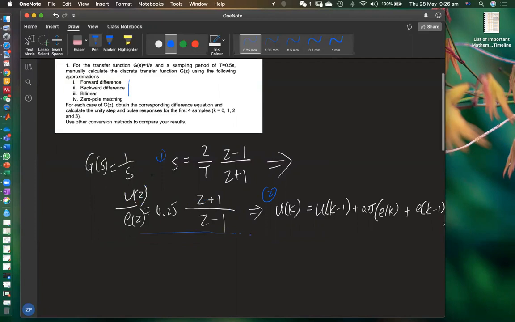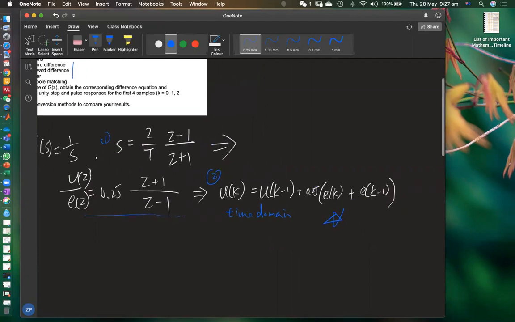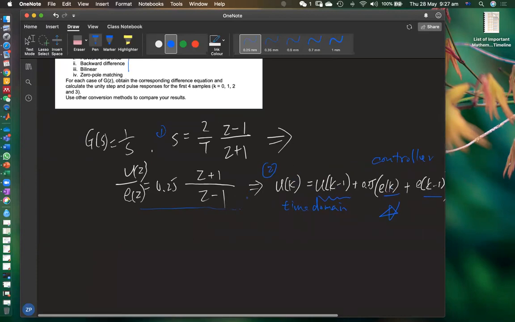So get familiar with going from the Z transfer function to this time domain form. This is what the computer uses to do the calculation, okay? If you design a controller, this is your controller. Your controller will take the current reading and the previous reading, and also your previous output, to generate a new controller signal. So that's the first one.